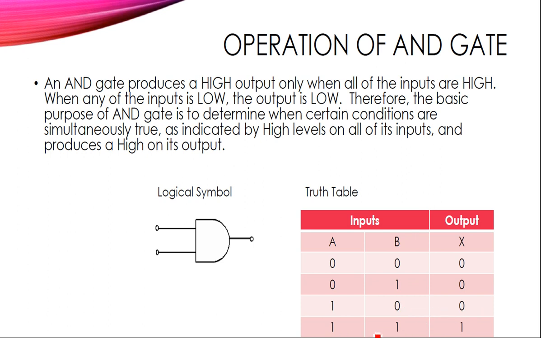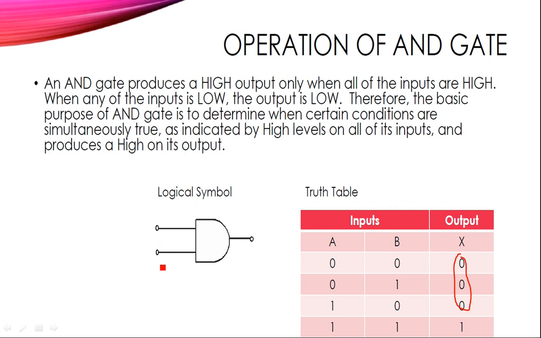A is 1, B is 1, 1 into 1, output is 1. You can see in all these three combinations, the output is always 0, because if any one input is 0, the output is always 0, and when all the inputs are high, then the output is high.